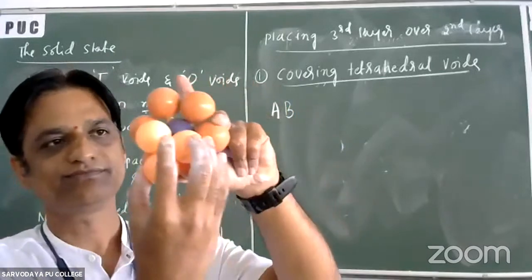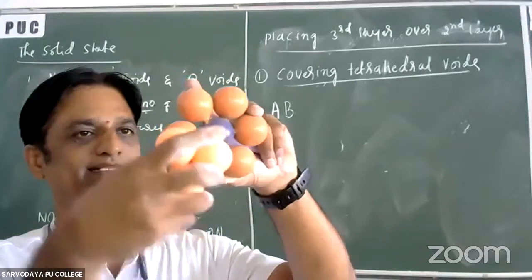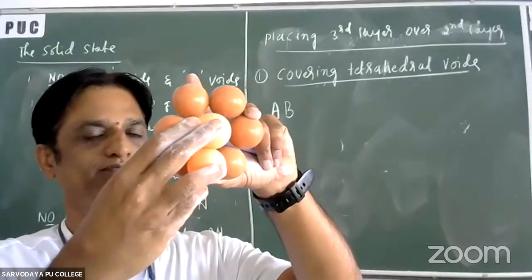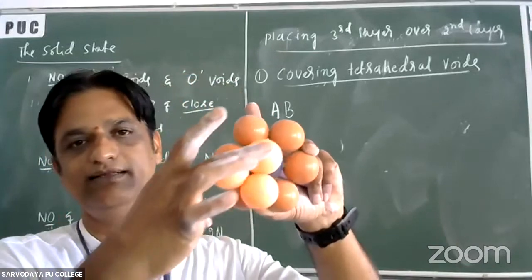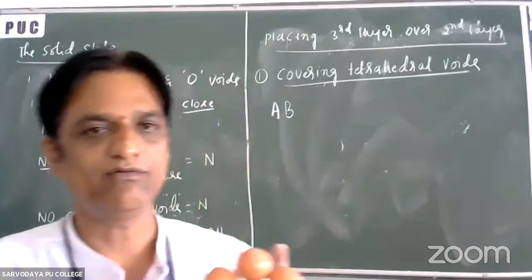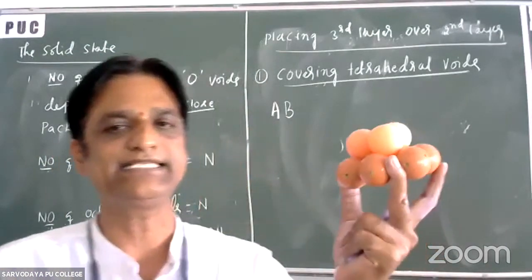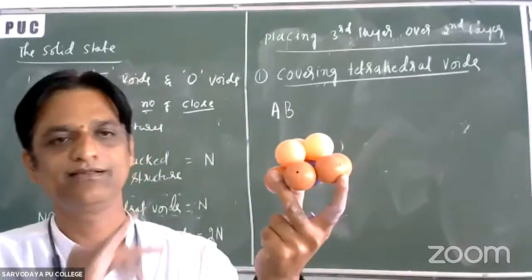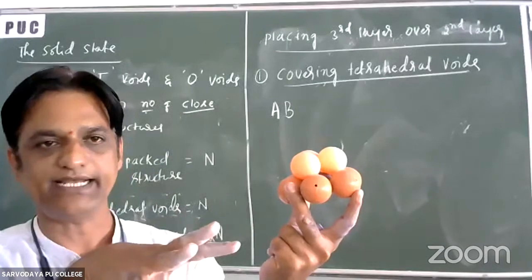You can see, like this it will be their arrangement. So after placing the second layer over the first layer, imagine both tetrahedral voids and octahedral voids will be generated.